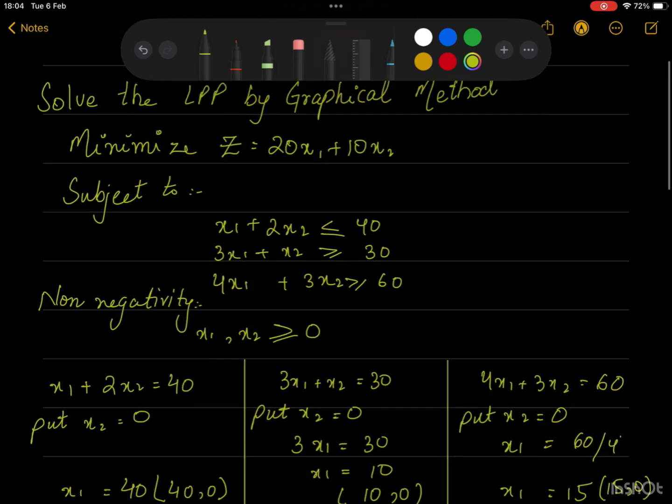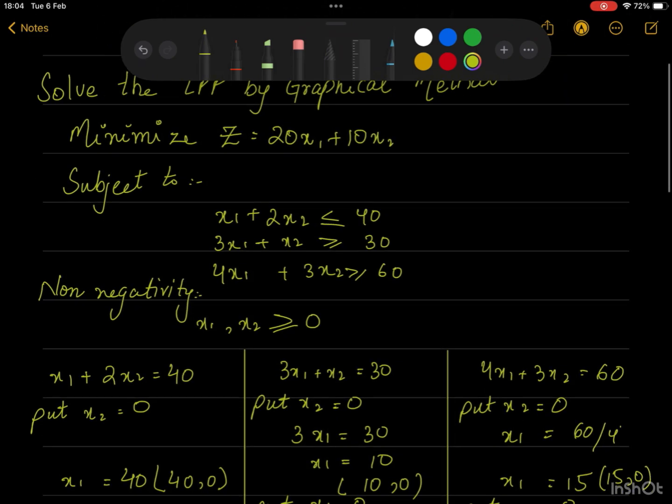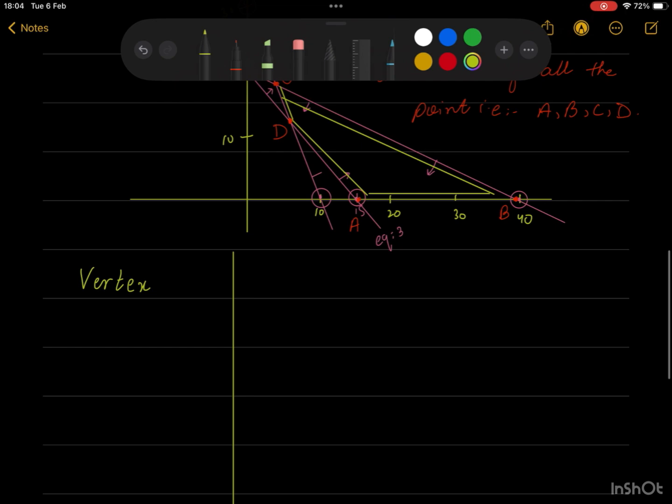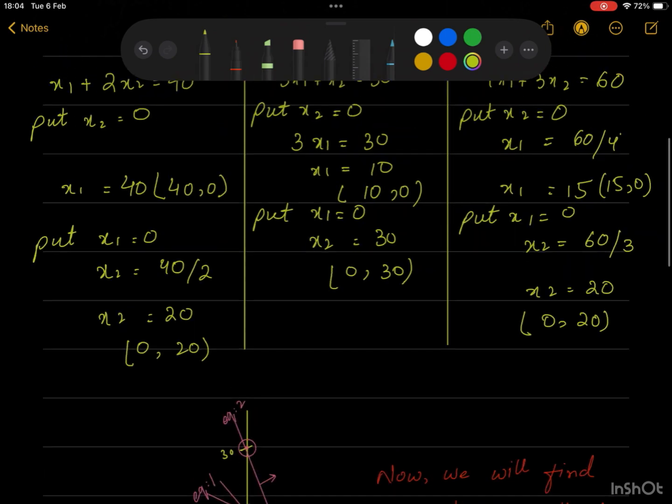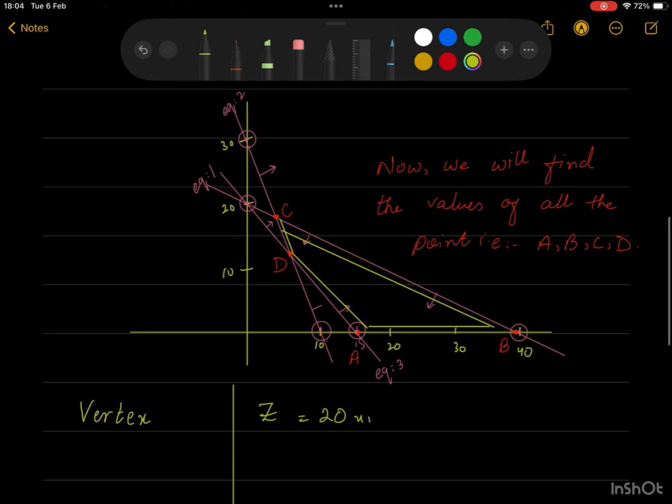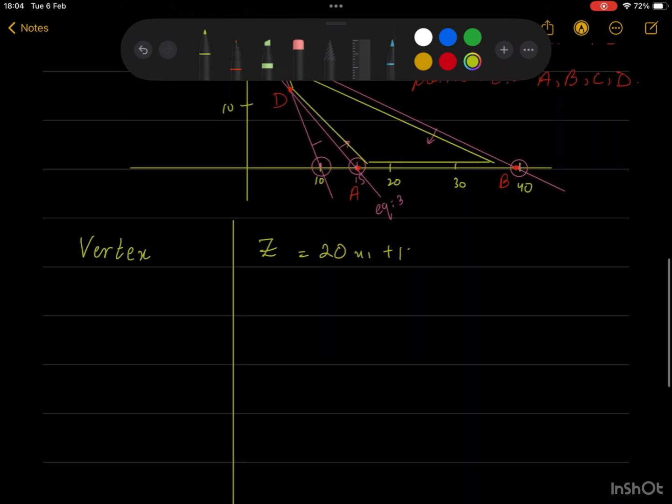Right down there, I'm going to write all the points we already have and all the points we have to find with our function z, which is z equal to 20x1 plus 10x2.